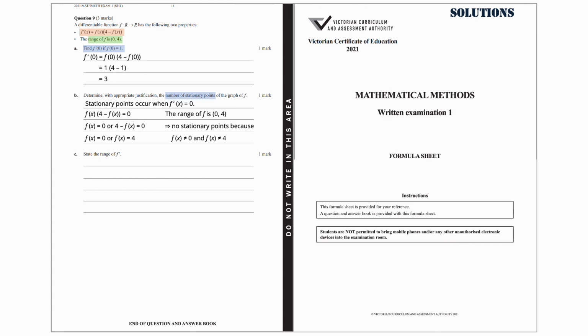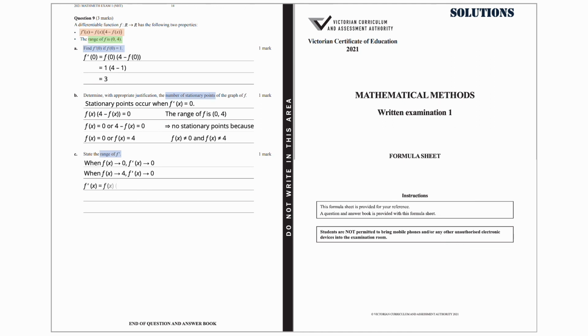Part C. State the range of f dash. When f of x approaches 0, f dash of x approaches 0 as well. When f of x approaches 4, f dash of x approaches 0. f dash of x equals f of x bracket 4 minus f of x.